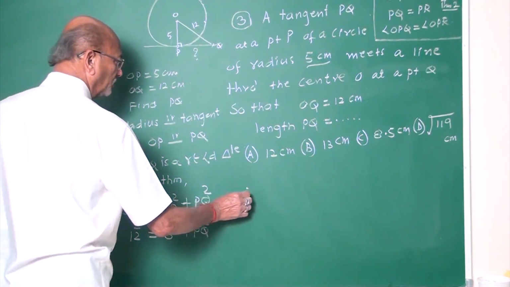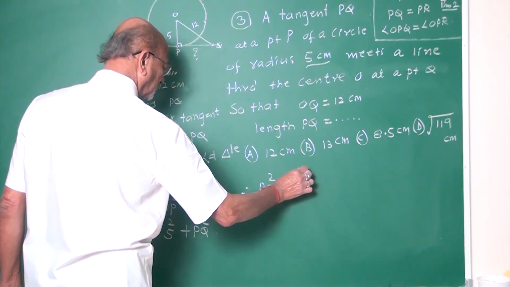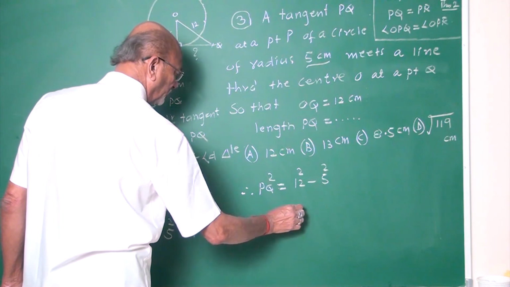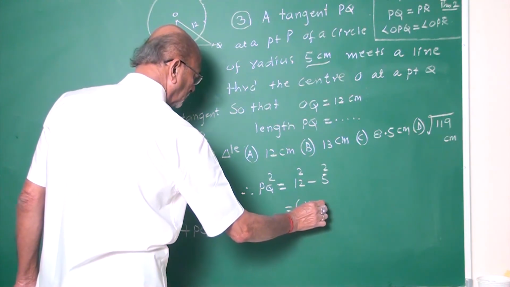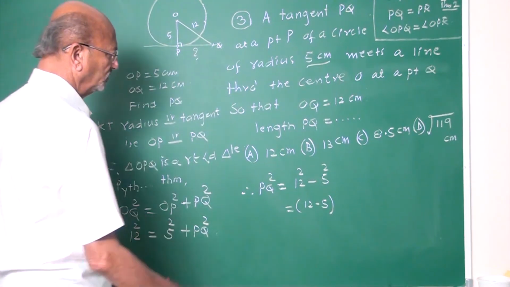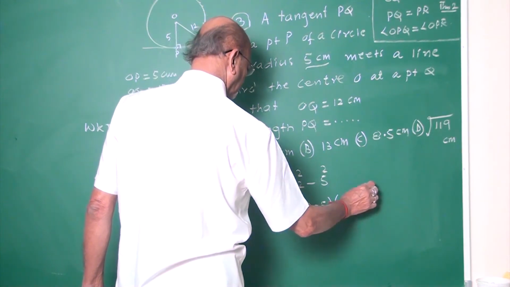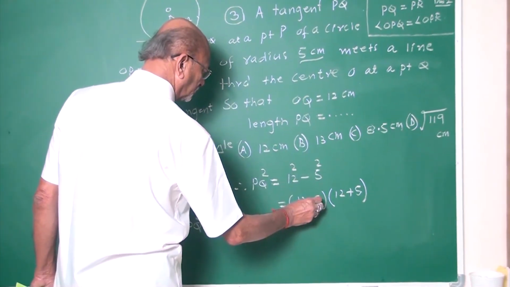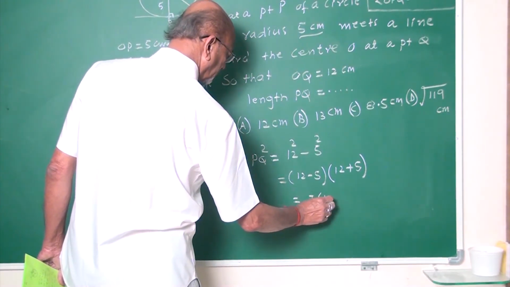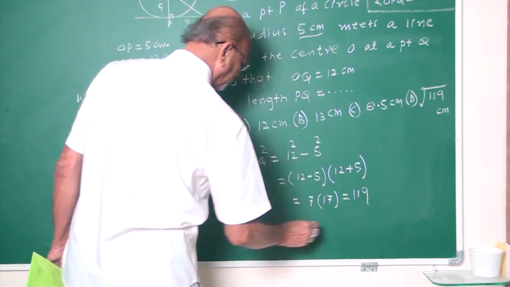Therefore, PQ square is 12 square minus 5 square. You can apply A square minus B square: 12 minus 5 into 12 plus 5. This is 7 into 17, which is 119.